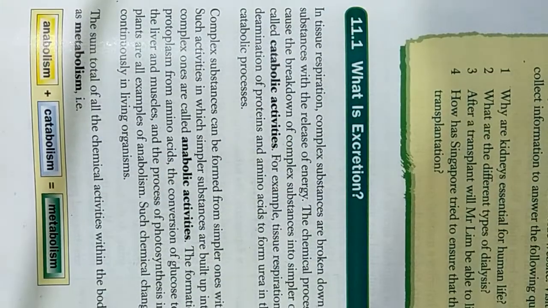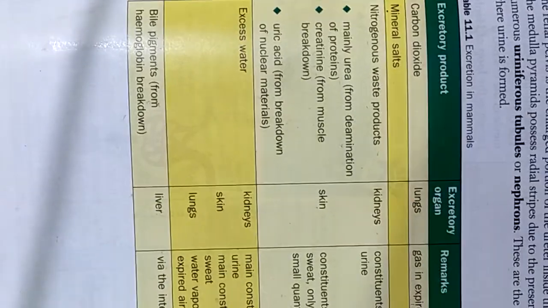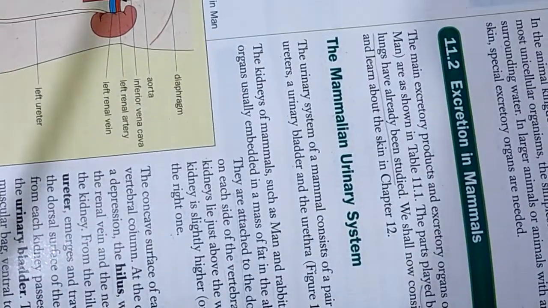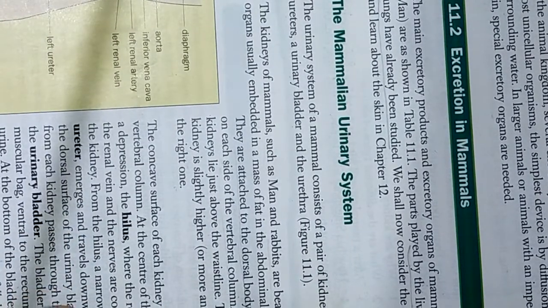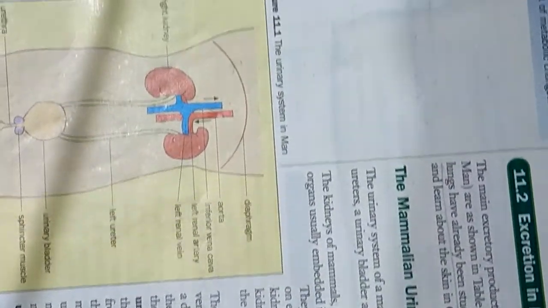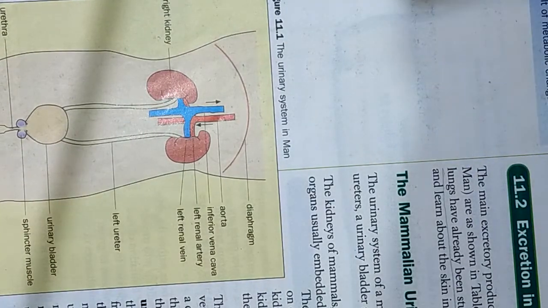Okay, so for this purpose, the excretory system which we have in our body is the mammalian kidneys. We have a pair of kidneys in our body for the removal of metabolic waste, or the removal of urea.